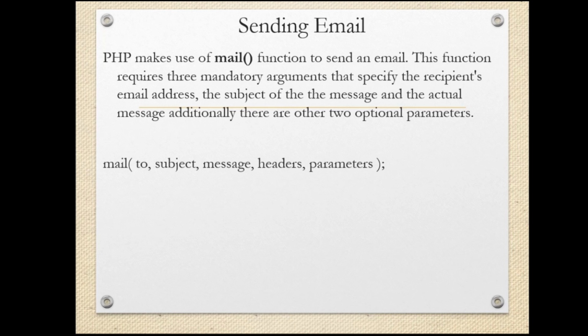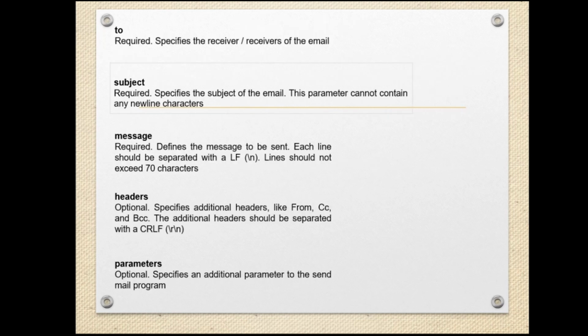Students, you can see the function mail, which has different attributes like to, subject, message, headers, and parameters. What is to? To is required and specifies the receiver of the mail. Subject is required and specifies the subject of the email. This parameter cannot contain any newline character.